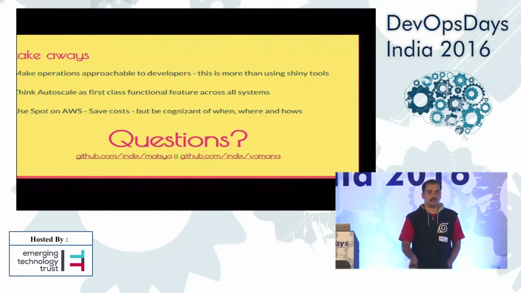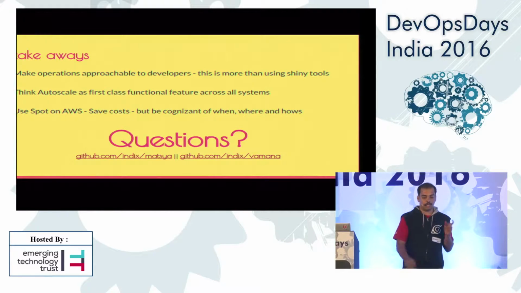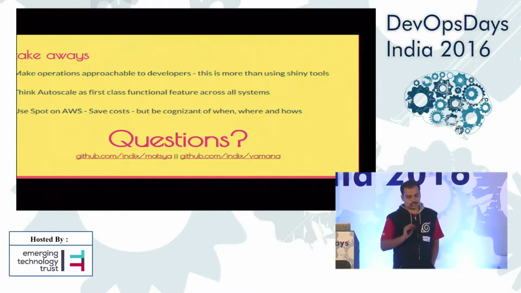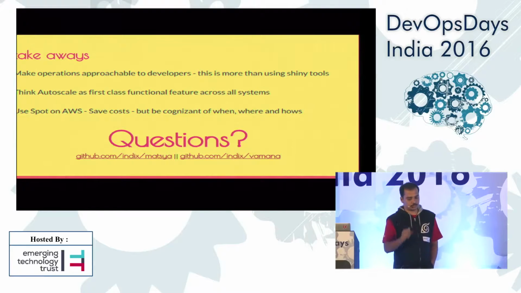Or is there something else we could do, like all possible hacks using Python, shell, and whatnot. So you start bringing developers into the scene and give them an operations problem. See, this is a problem. Without this, you really can't go forward. How do you solve it? And developers really can come out to think and solve these problems. So that's one of the key takeaways for us, and I hope it works for you as well.